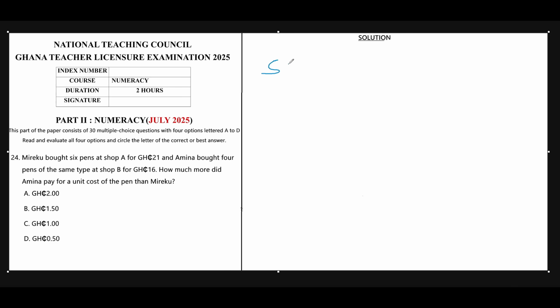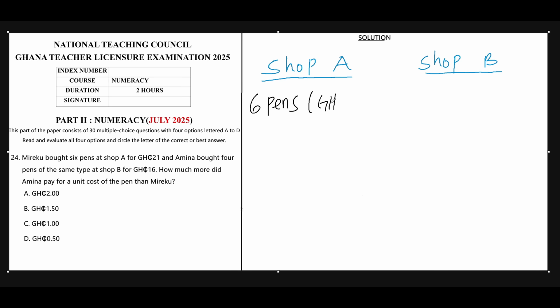So we have shop A and shop B. Now shop A, 6 pens comes at a cost of 21 cedis, and with shop B, 4 pens comes at a cost of 16 Ghana cedis.